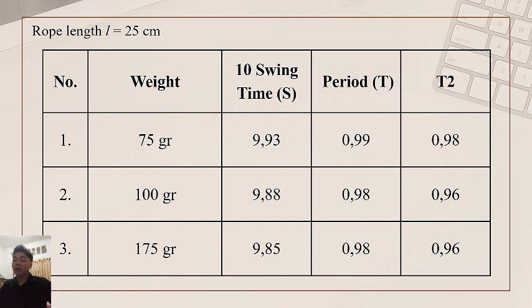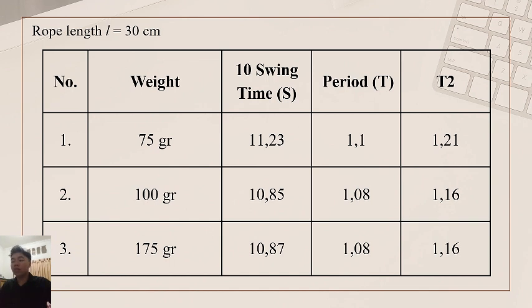The next is the same, but the rope length is different, which is 25 cm for table 2, and the 10 swing time is higher than table number 1. In table number 3, the rope length is 30 cm and the weights are the same as in table 2 and table 1.